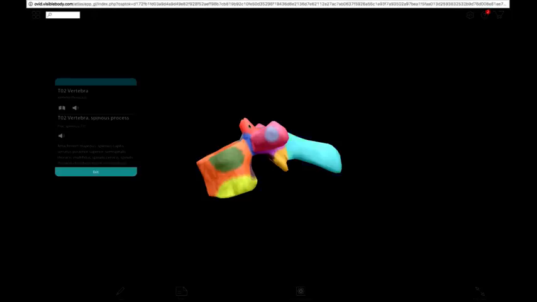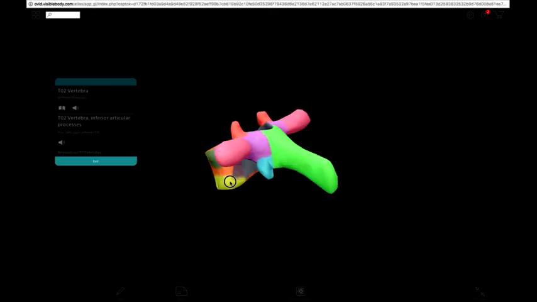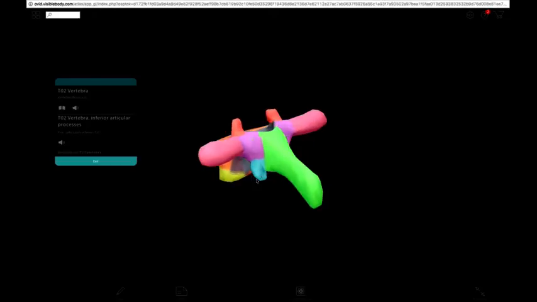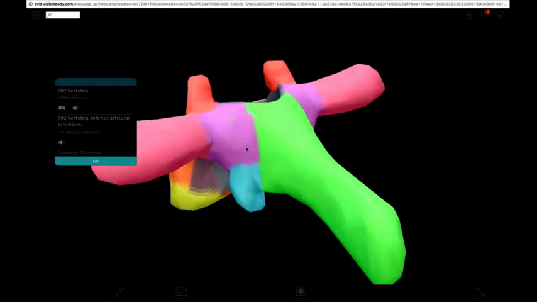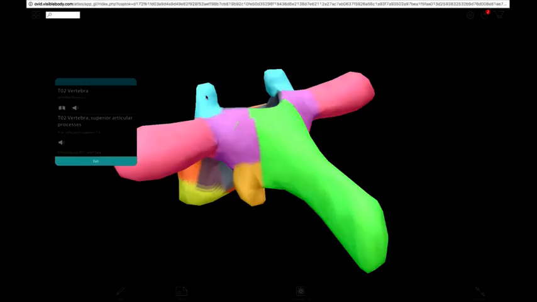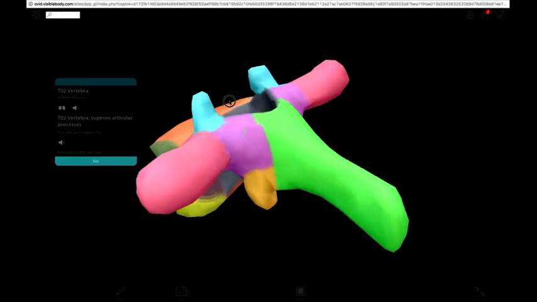Also note right here we have a superior articular process and an inferior articular process. Superior and inferior articular processes. And on the surface, if you look at these real close, there's a flat area on the superior and inferior articular processes.